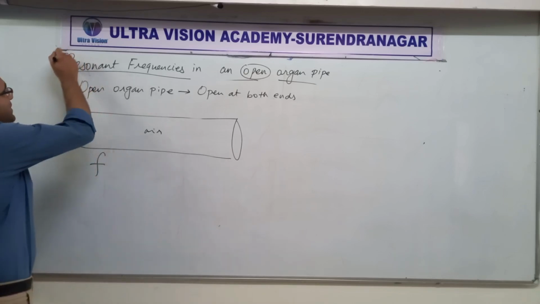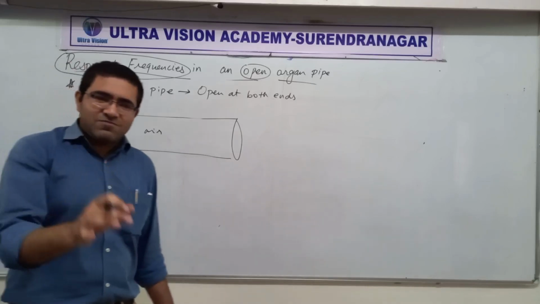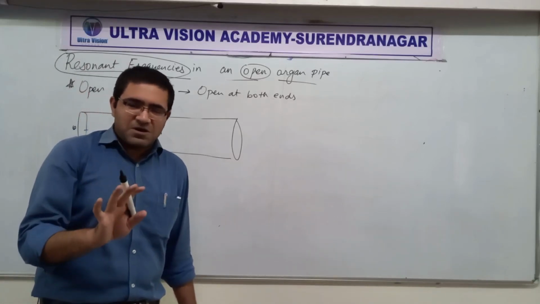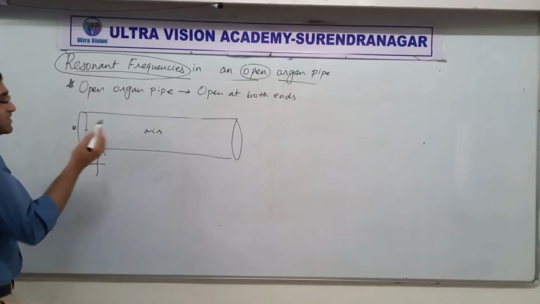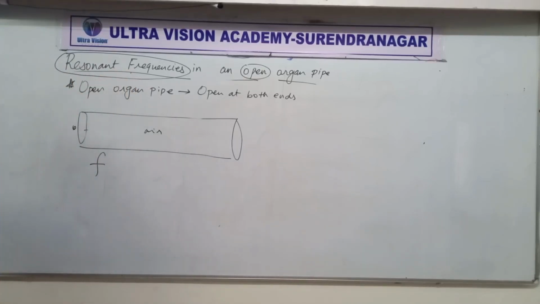There are only some frequencies for which resonance will occur and there will be standing waves. Is it clear what I am saying? There are only some frequencies for which resonance occurs and there will be standing waves. Got it? Just like the string basically.